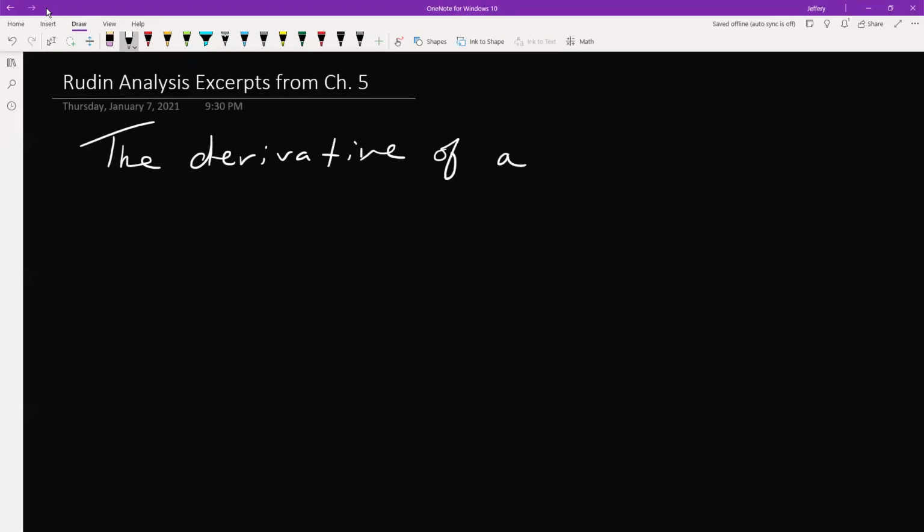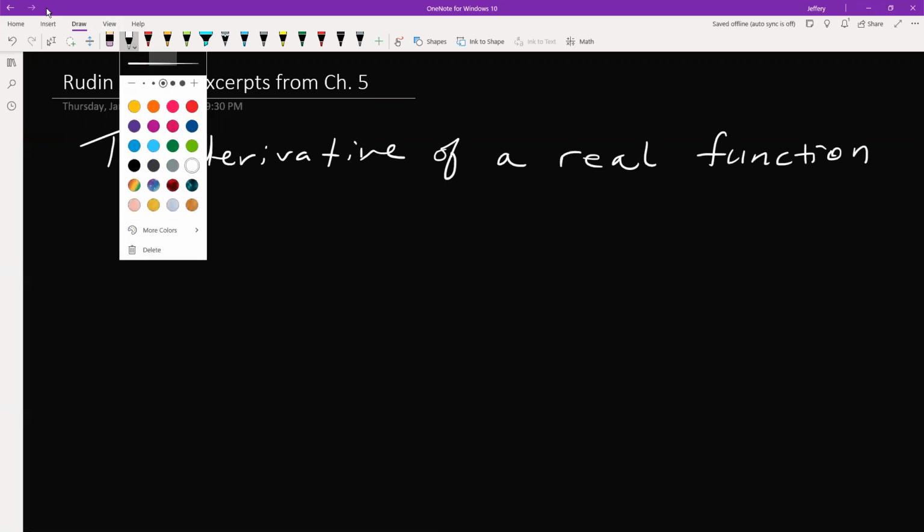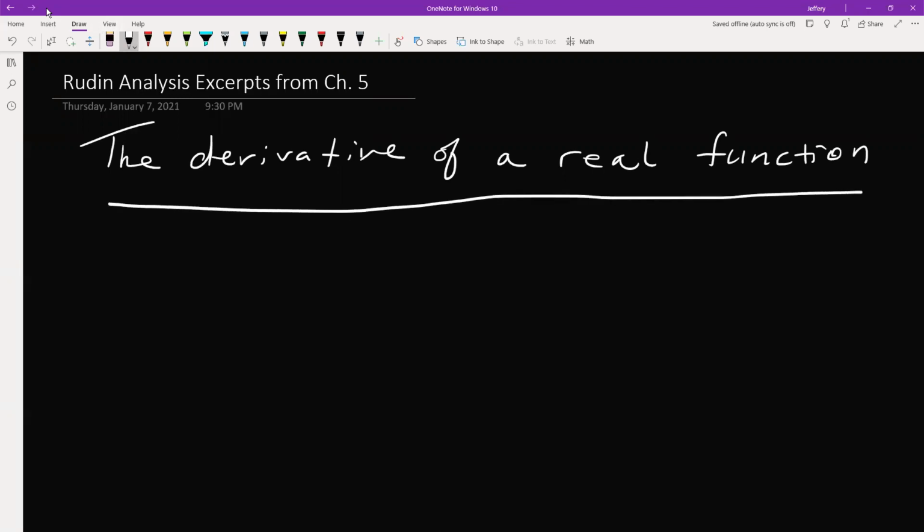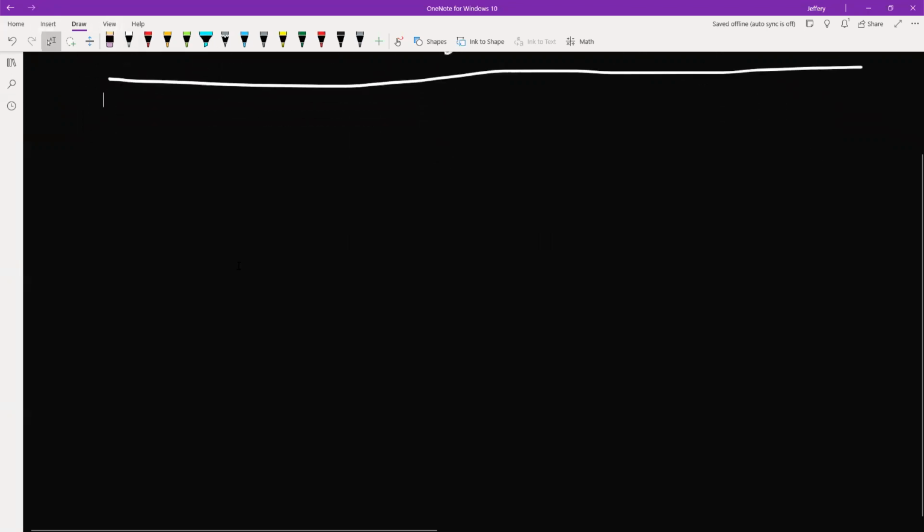In Rudin's book, he spends a lot of time talking about real numbers and complex numbers. Later on, there's going to be a definition of the derivative of a complex function, the derivative of a vector valued function, and so forth. So we have to distinguish between functions that are real valued and functions that are complex. So here is our definition.